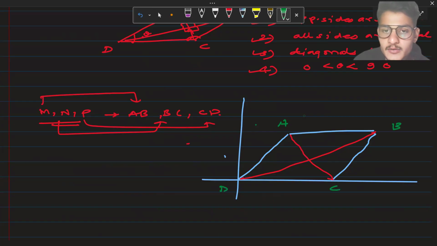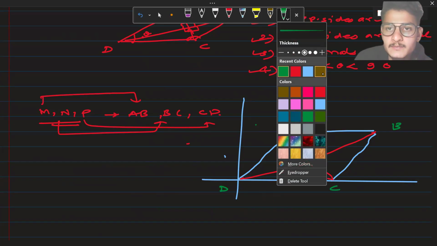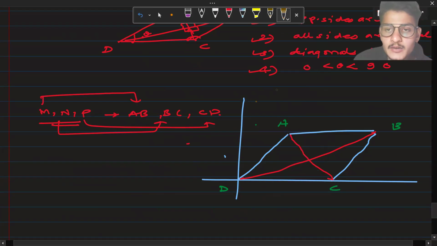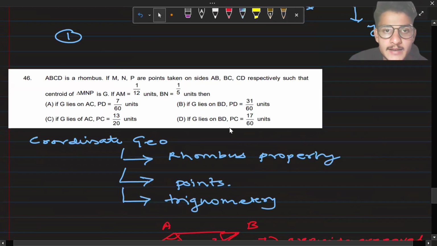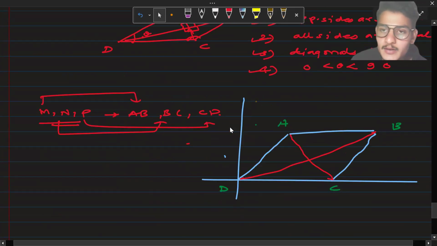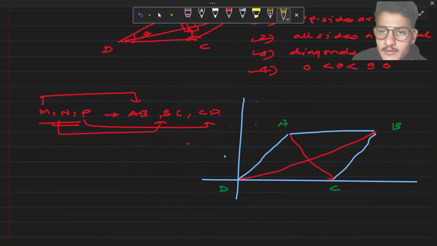I will draw the three points. M is 1/12 units of AB, and N is 1/5 of BC.